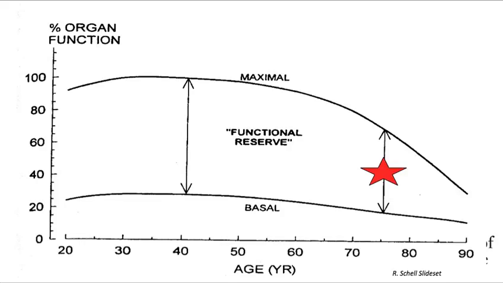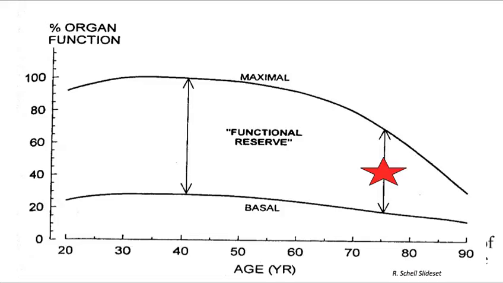If we look at organ function on the y-axis, 0 to 100%, and age on the x-axis, you can see that organ function is maximal over a wide time that we are aging, but then it starts to fall off.